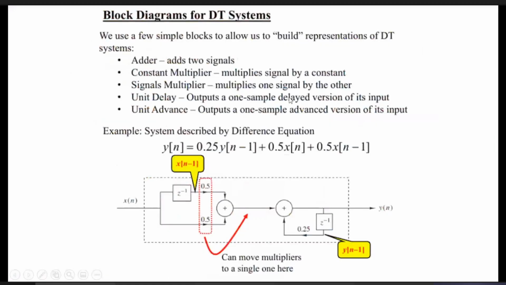Now let us take one representation of a difference equation: y[n] = 0.25 y[n-1] + 0.5 x[n] + 0.5 x[n-1]. We represent this using one stage, the delay stage, Z inverse.